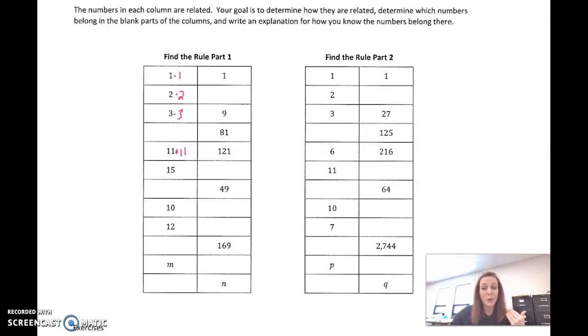Now, when we talk about squaring a number, we talk about taking it to the second power. So 2 times 2 we can rewrite as 2 to the second power, squaring it. Where I assume that comes from is if we wanted to find the area of this square, its sides are the same.